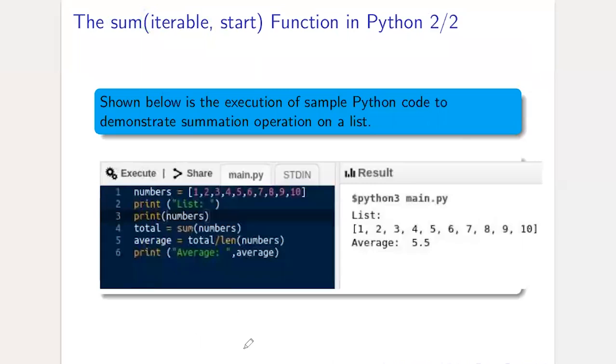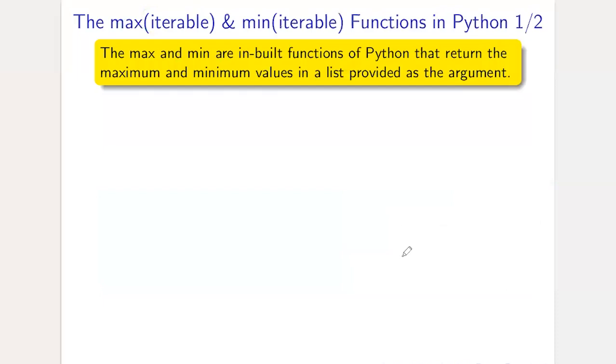Yeah, so I have a sample here. Mind you, I have the real division here because I'm computing the average value. So the printed value is a floating point value.